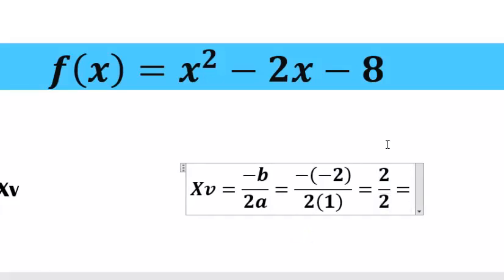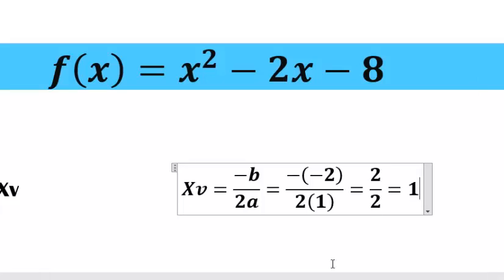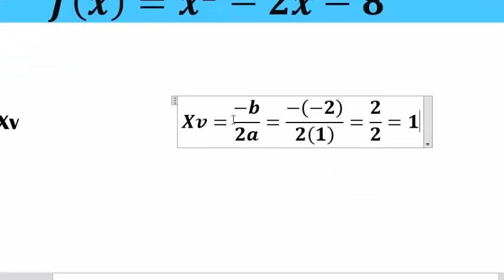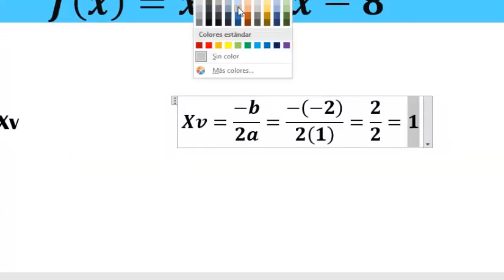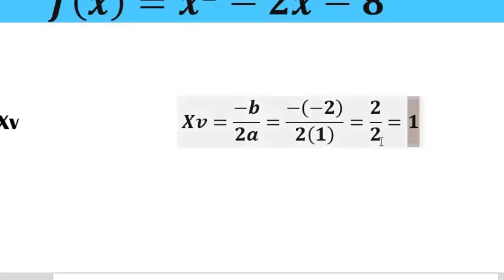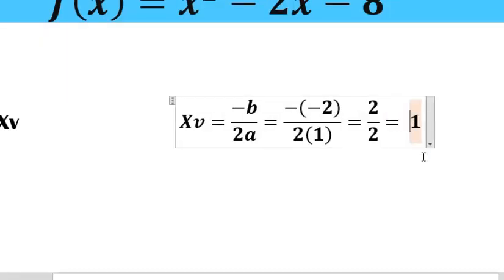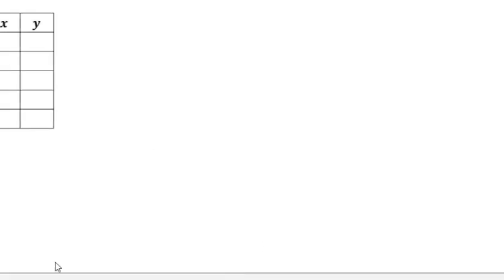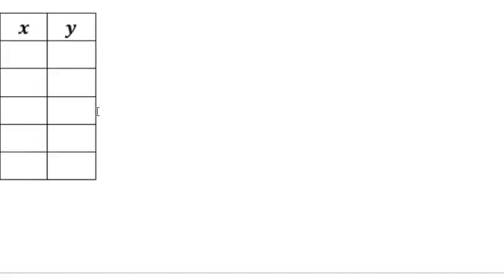And if we divide 2 divided by 2, will be 1. Okay, so the x of the vertex is this number 1. So that's the number we're gonna put on the table of values.